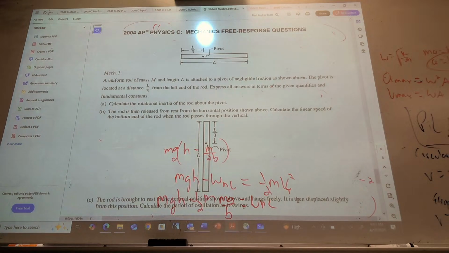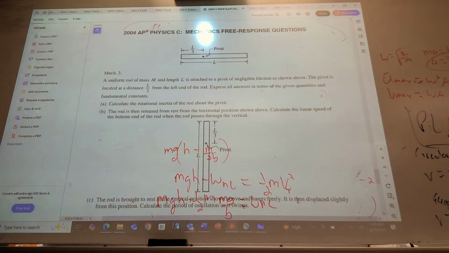A uniform rod of mass M and length L is attached to a pivot of negligible friction as shown above. The pivot is located at distance L over 3 from the left end of the rod. A, express all masses in terms of the given quantities or unknown constants. Calculate the rotational inertia of the rod about the pivot.